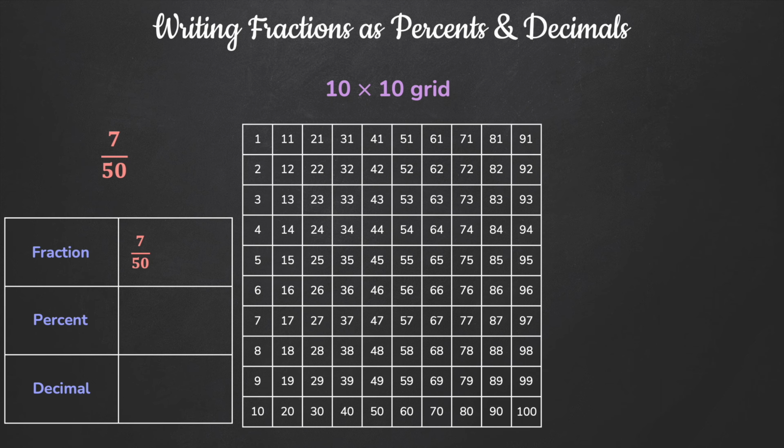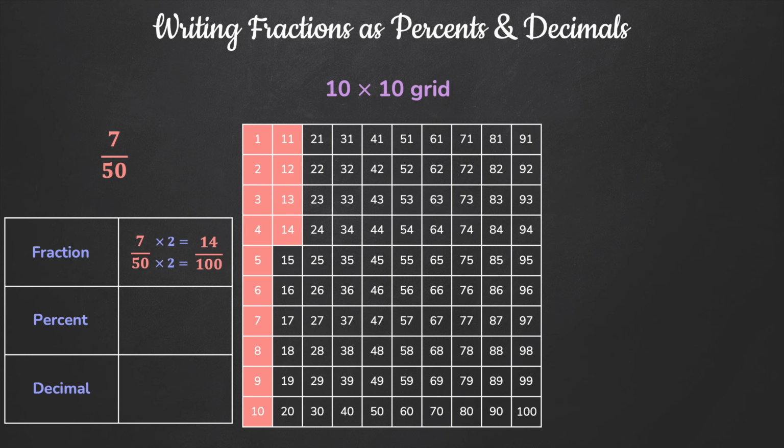So in order to make our denominator 100, we're going to have to take the 50 and multiply that by 2. And whatever we do to the denominator, we need to do to both the numerator and the denominator. So 7 times 2 is equal to 14, and 50 times 2 is equal to 100. So 7 over 50 is equal to 14 out of 100.